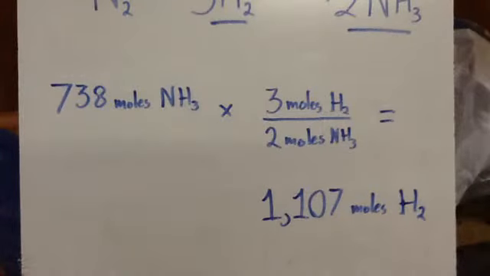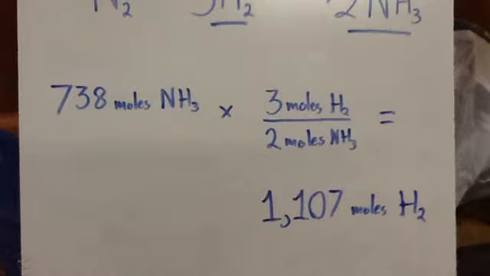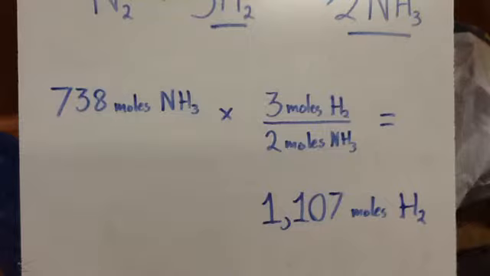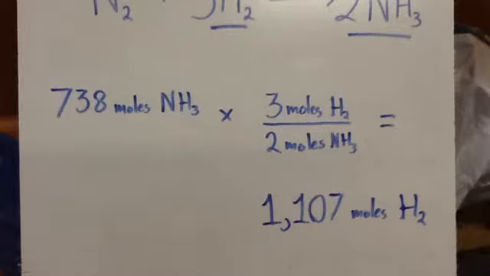All right. So the math we're going to do is 738 moles of ammonia times the mole ratio. The mole ratio is always going to be a fraction, and what you're going to put is the coefficient of what you are looking to find on the top of the fraction, and the coefficient for whichever reactant or product you are given on the bottom.